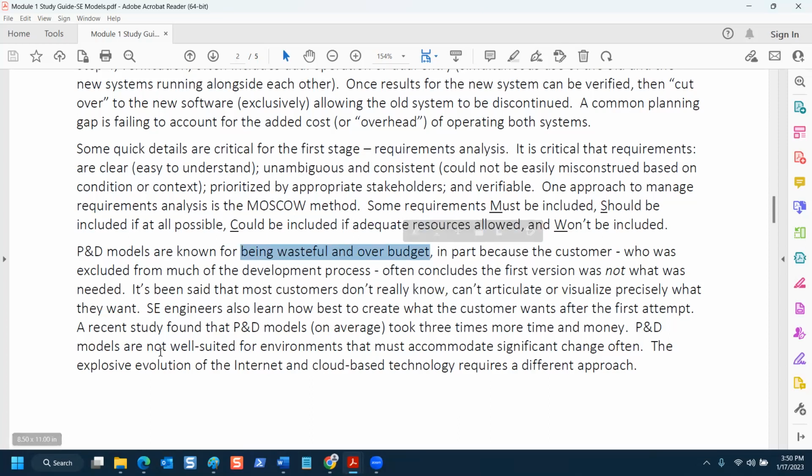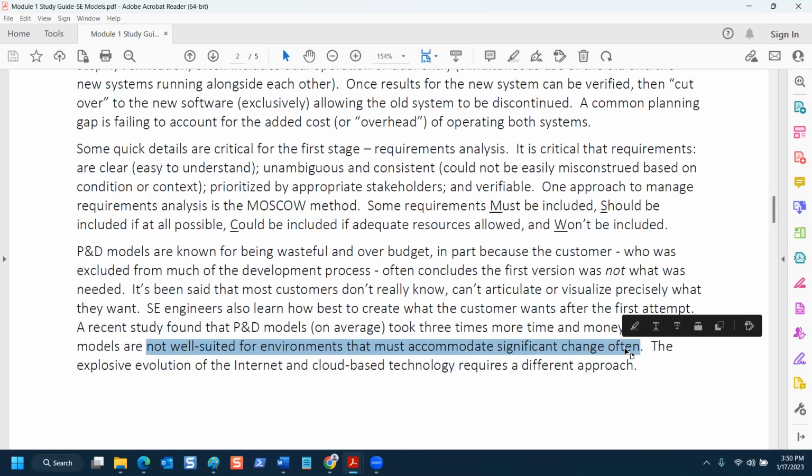Planning and development models are not well suited for environments that must accommodate significant change often. If you were doing things that require rapid development, gaming would be a good example of this, right?